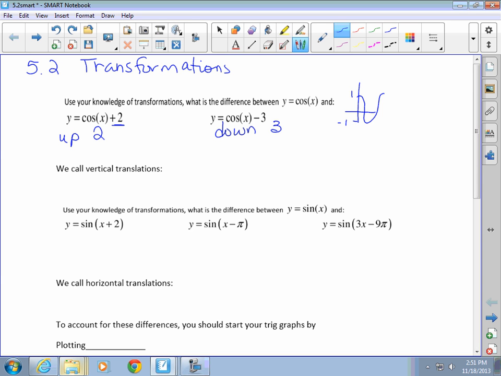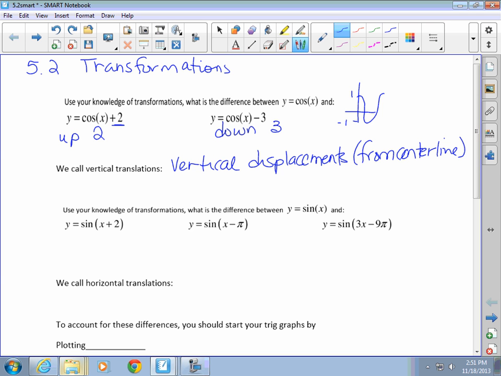So vertical translations, when we're dealing with trig functions, are what they refer to in your book as vertical displacements, and you're displacing it from the center line. So it's vertical displacements from that center line. And vertical means that you're going up or down.